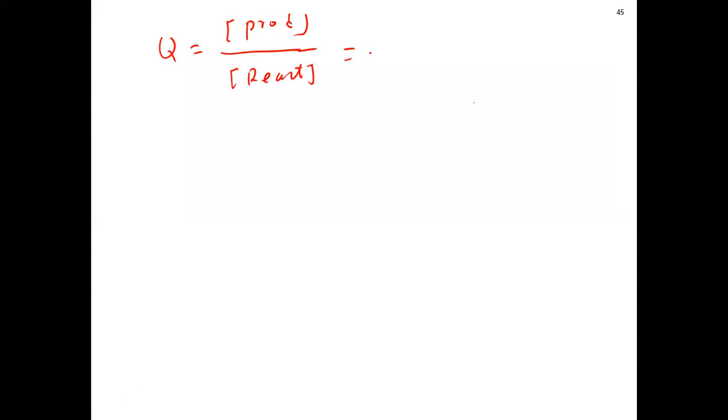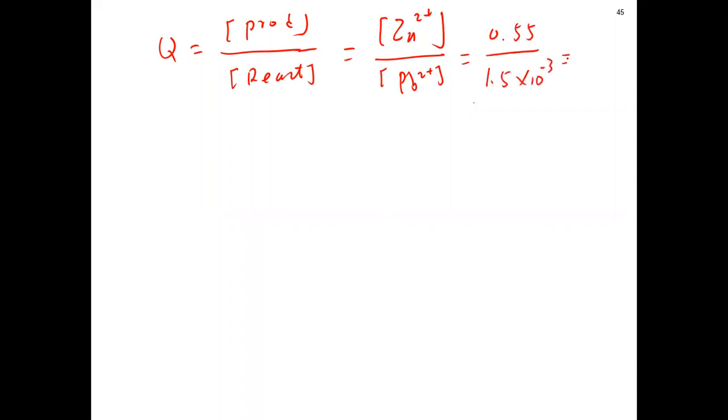If you look back at the equation, the product is Zn2+ and the reactant is Pb2+. The numbers given to you are zinc concentration 0.55 molar, and you want to use molarities, and Pb is 1.5 times 10 to the negative 3. So we get 366.67.